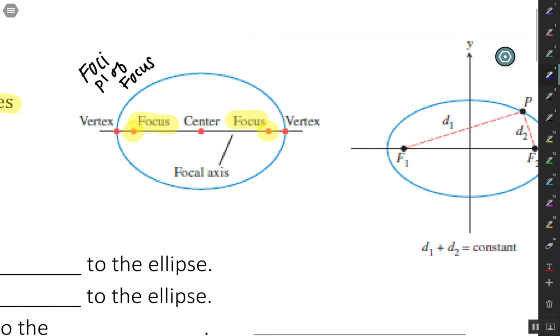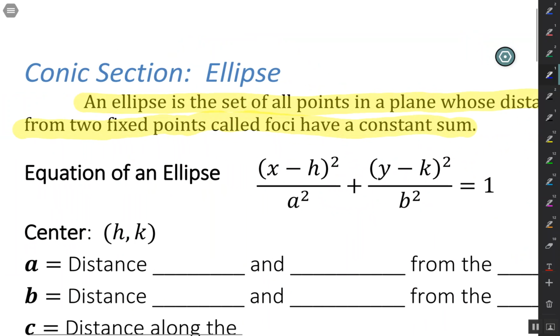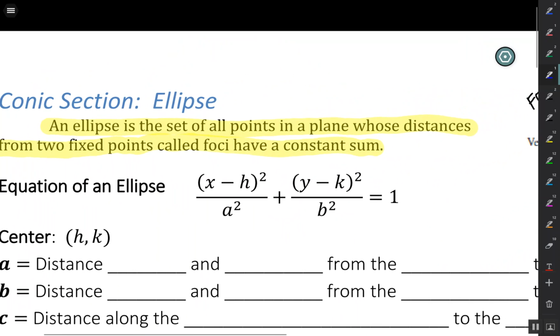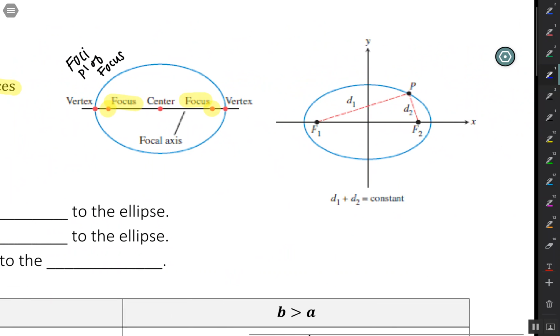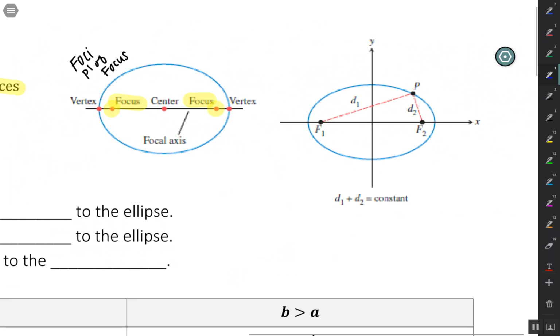So when the definition says that it's the set of all points in a plane whose distances from two fixed points have a constant sum, over here you can see that we've got a random point on the ellipse, and it has a distance from one of the foci of D1, and it has a distance from the other focus of D2.